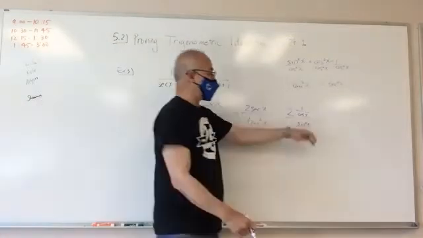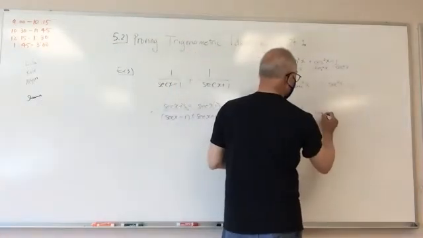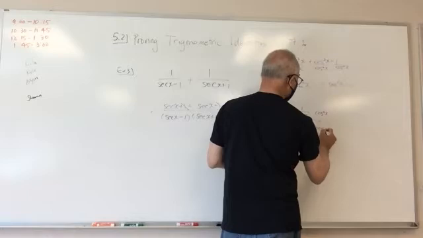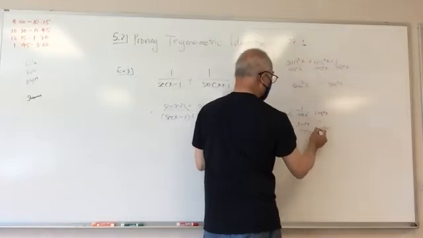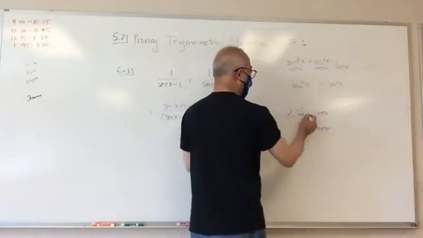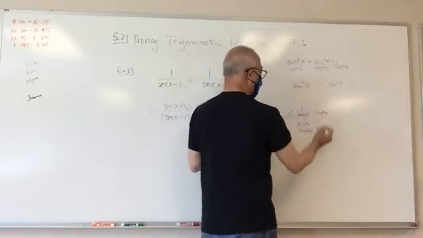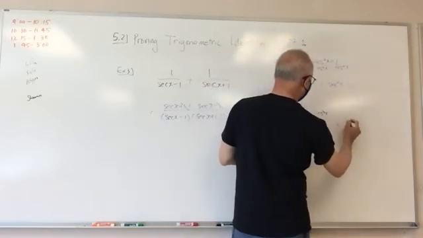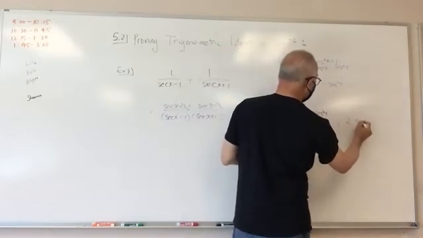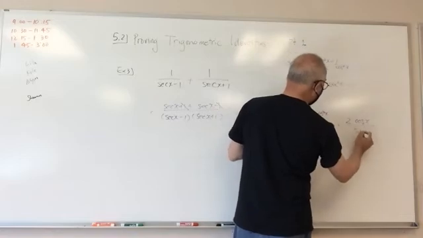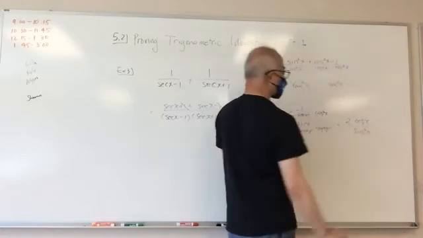Going to multiply top and bottom by cosine squared x. Then this guy and this guy cancel out. This guy and one of them cancel out. So I'm going to end up with 2 times cosine x, and on the bottom I have sine squared x.